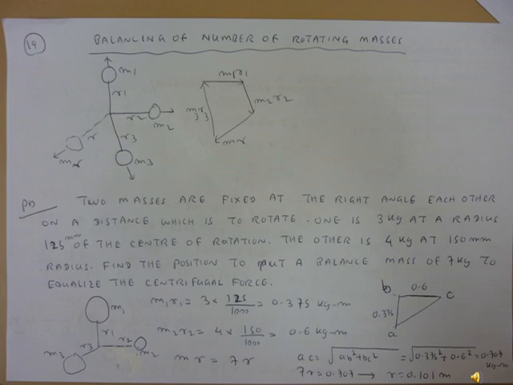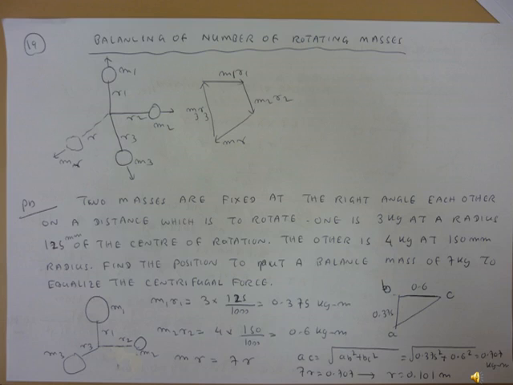Based on this principle, we have to solve the problem. The problem is given: two masses are fixed at right angles to each other on a shaft which is to rotate. One is 3 kilogram at radius 125 millimeter from the center of rotation. The other is 4 kilogram at 150 millimeter radius.